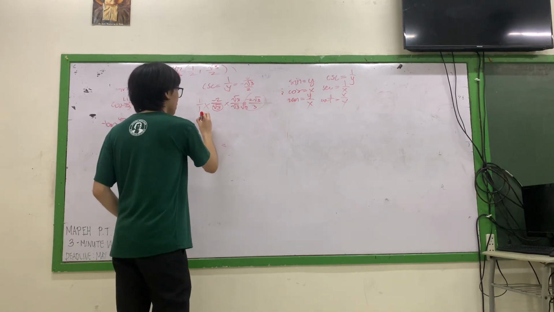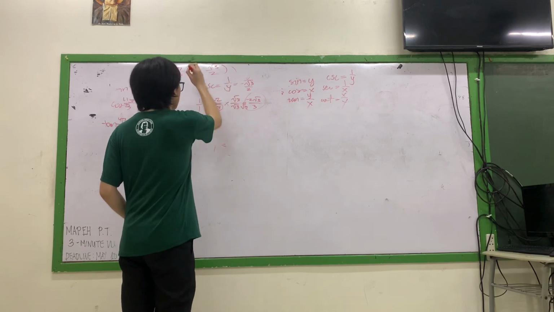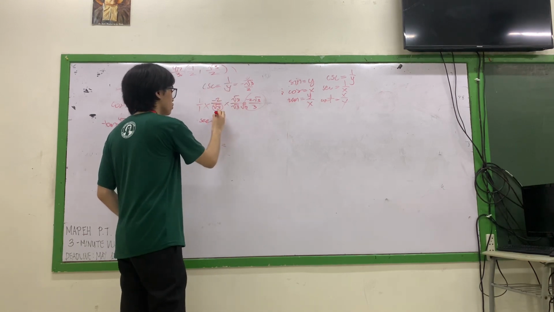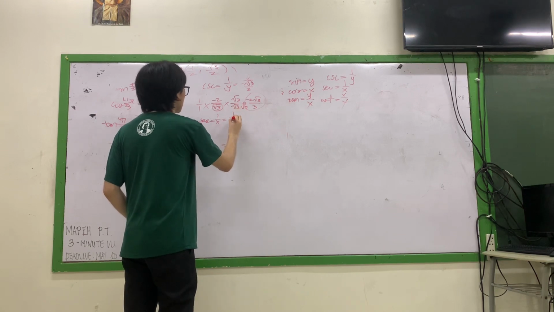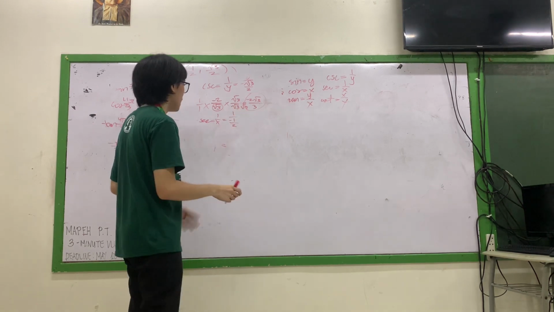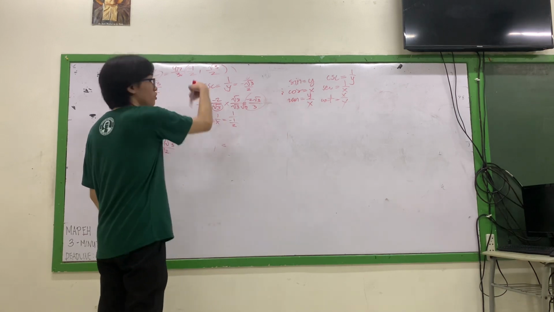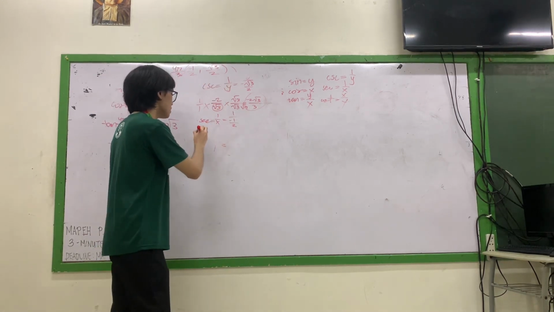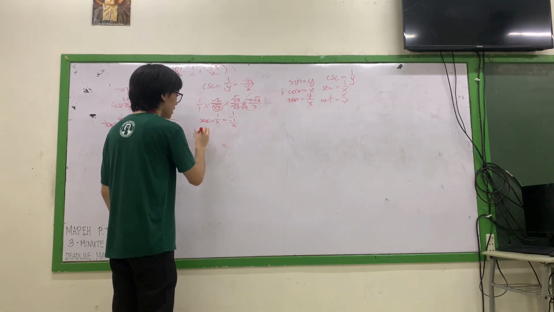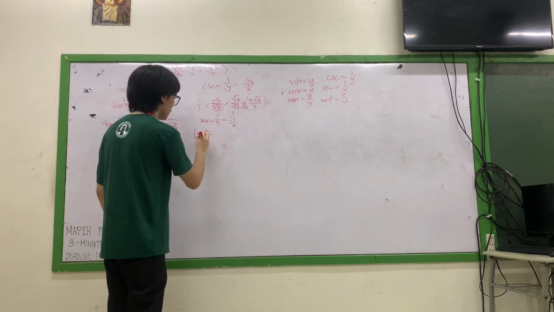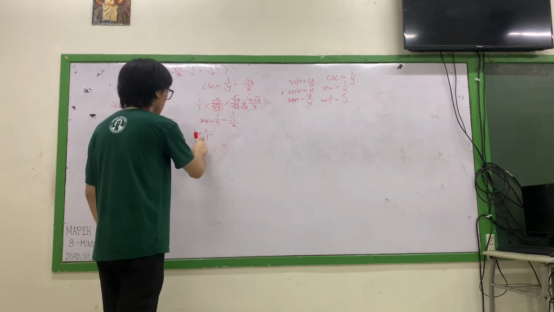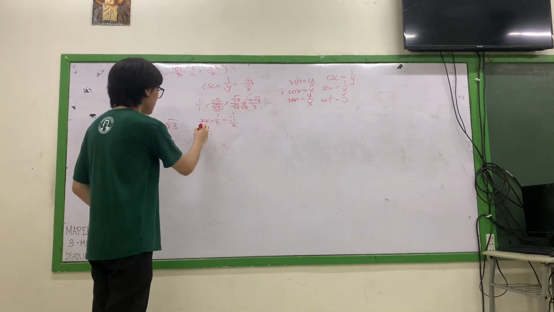Now we have secant. Secant is the same process, except instead of y, we have x, so it equals 1 over x. We substitute, and this will be 1 over negative 1 over 2. Then we follow the same process as cosecant. You have 1 over 1 times the reciprocal of negative 1 over 2, which is 2 over negative 1. Oh no, this has to be negative 2 over 1.